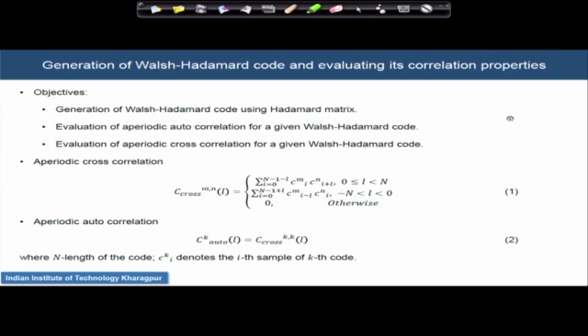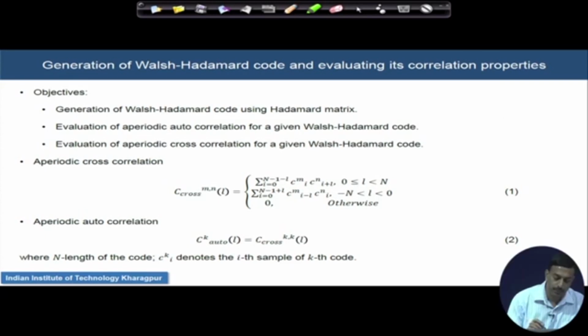So the objective of this tutorial is to generate a Walsh-Hadamard matrix, and the rows of this matrix will correspond to Walsh-Hadamard codes.